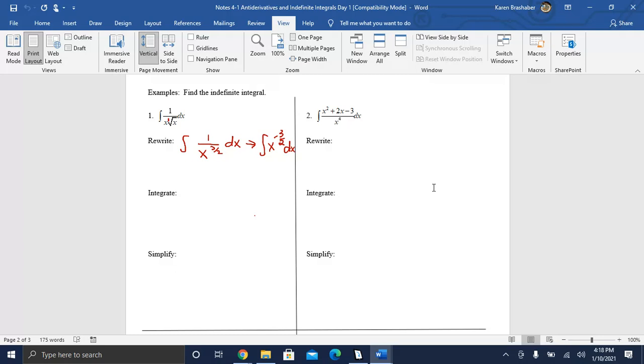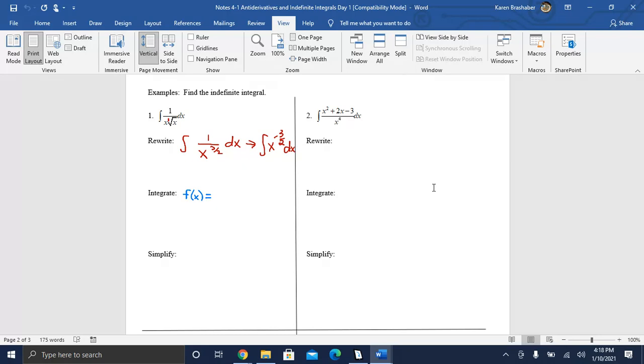So now that you have the rewrite completed, we'll do the power rule. So the power rule says that your answer, and if you want to write it as f of x equals, you can. I don't usually make a distinction between using a capital F and a lowercase f, so lowercase is fine.